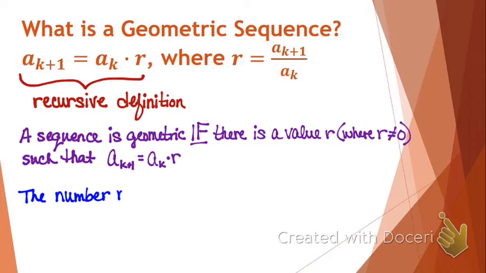the number r, which we find by dividing two consecutive terms, is our common ratio. With our common difference we subtracted, with our common ratio we will divide.